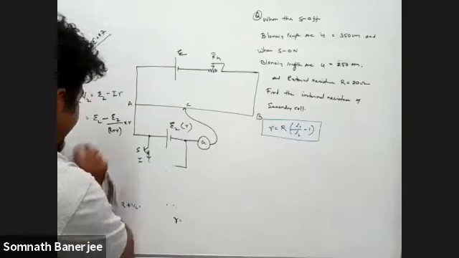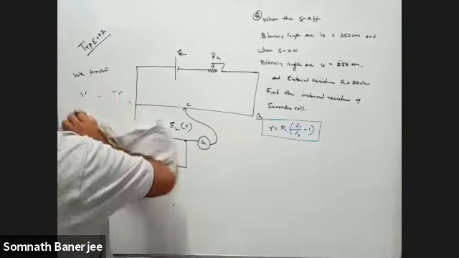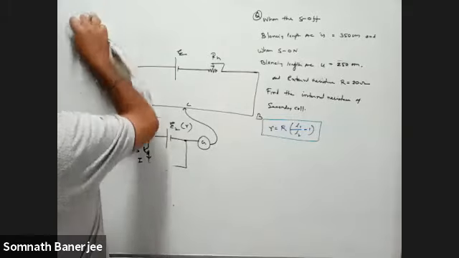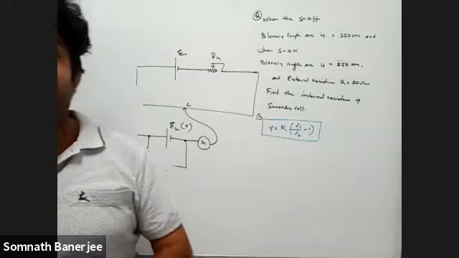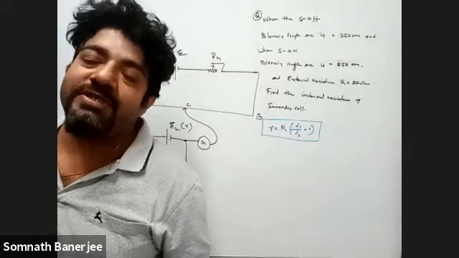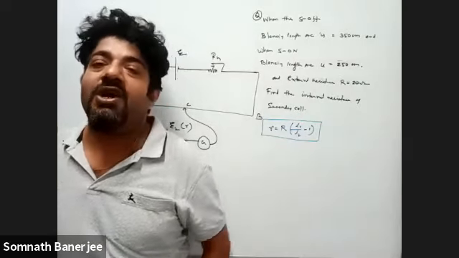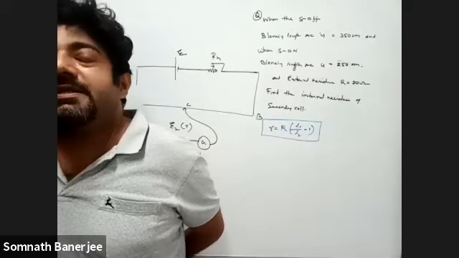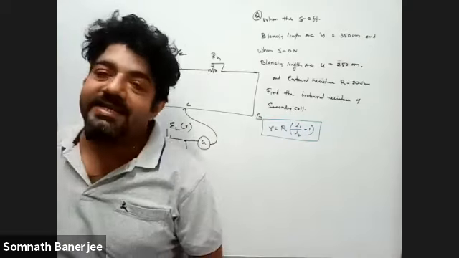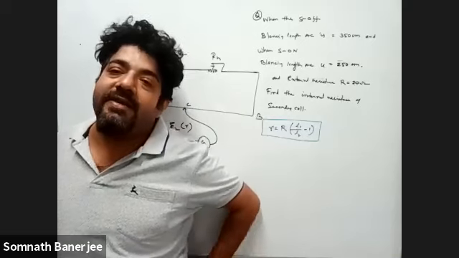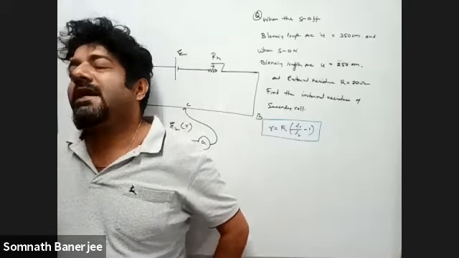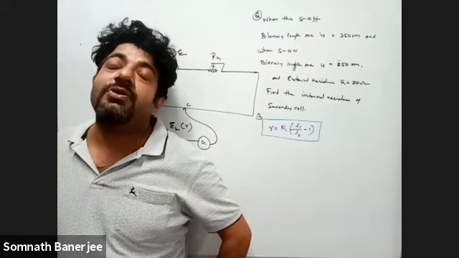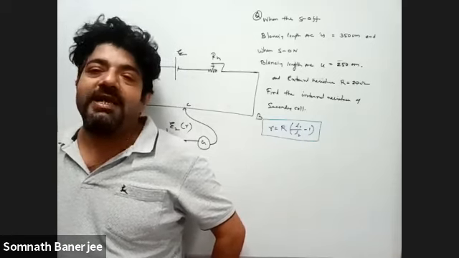How many times do I have to tell you that we derive this formula, which is very, very important. Sometimes in the board exam they ask you to derive this formula, so you have to derive it at that time. Let K be the potential gradient. When the switch is off, E2 equals K L1, where L1 is the balancing length. When the switch is on, the terminal voltage V2 equals K into L2, where L2 is the balancing length.